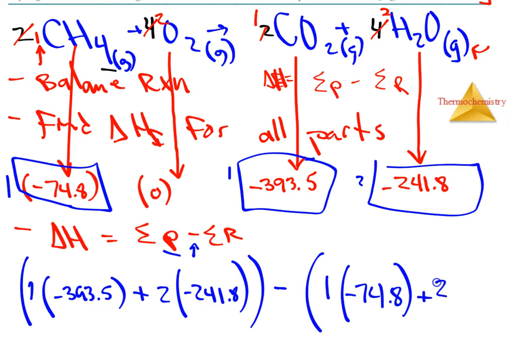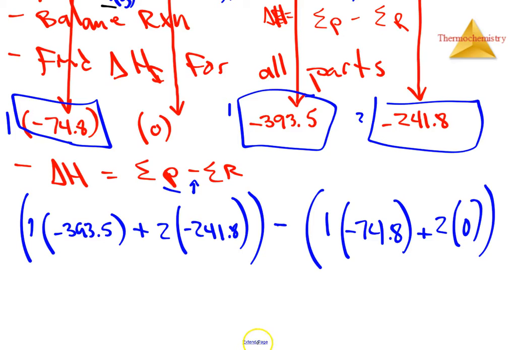There are 2 oxygens, and each one of them is times 0. Now, I know that I wrote a lot of things that weren't necessary to write. You know why I write them? Because I screw up a lot of stuff in life. So, I was very technical on these, so I would try to not screw up.